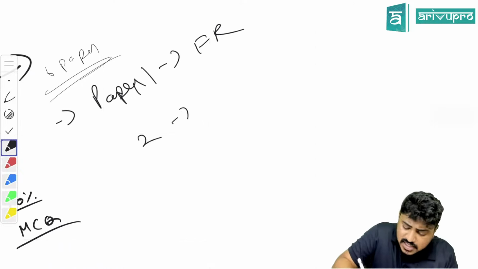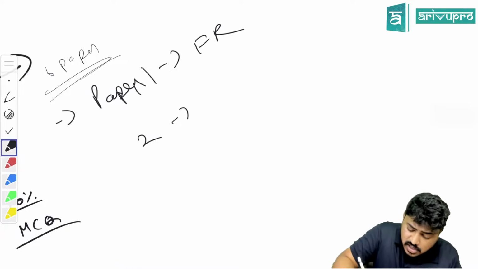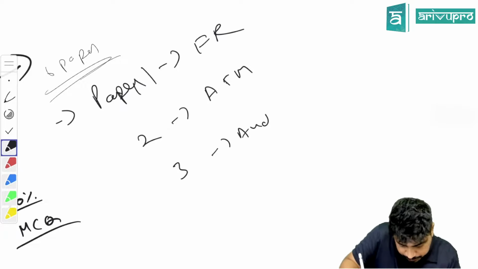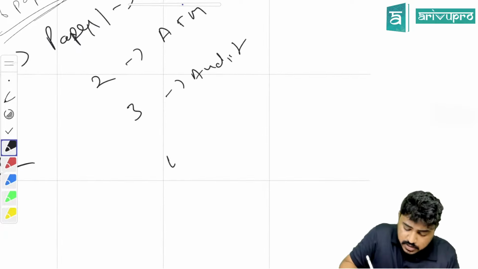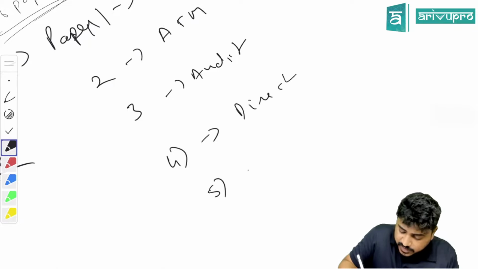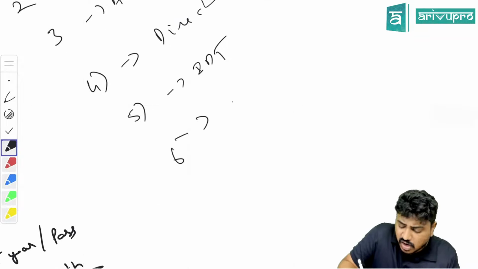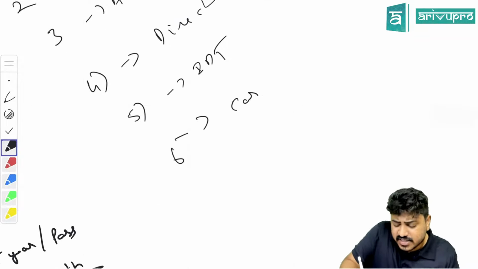Paper 2 is SFM, though they didn't call it SFM; they have made it Advanced Financial Management. Paper 3 is audit. Then paper 4, they have brought direct tax. Paper 5, indirect tax. And paper 6, they have something called the integrated case study.